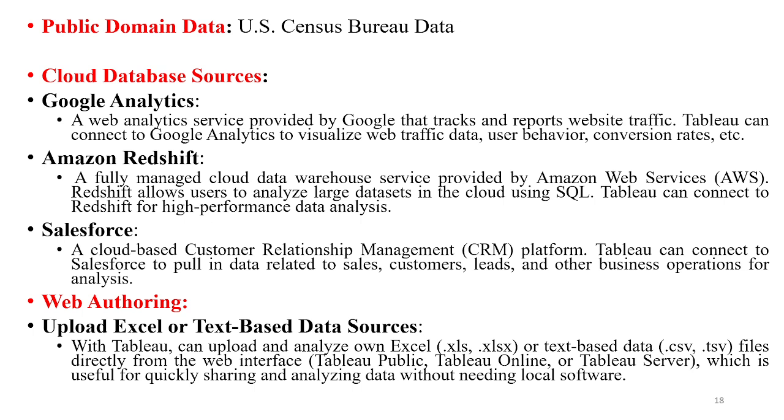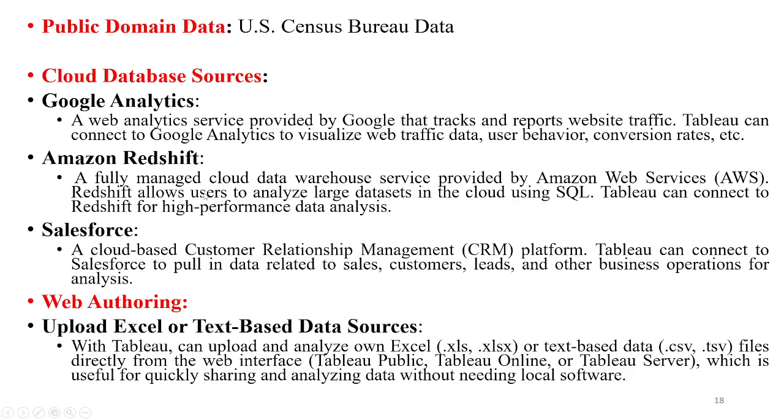Cloud-based data, as we have seen, Google Analytics. There is a very large amount of data. Google tracks and reports website traffic, so by connecting Google Analytics we can visualize web traffic data, user behavior, conversion rates, etc.